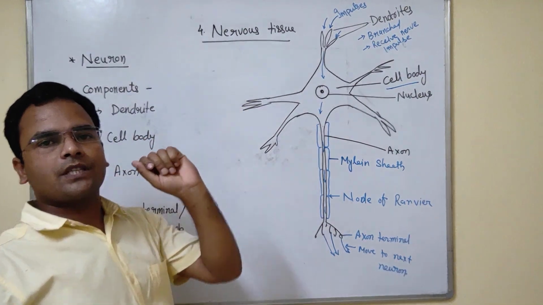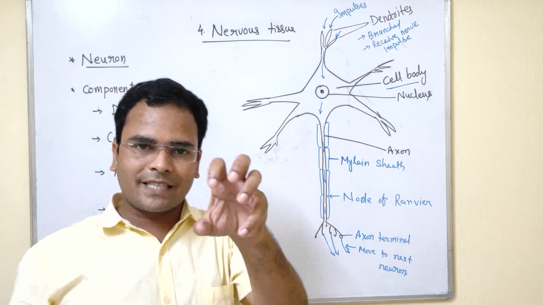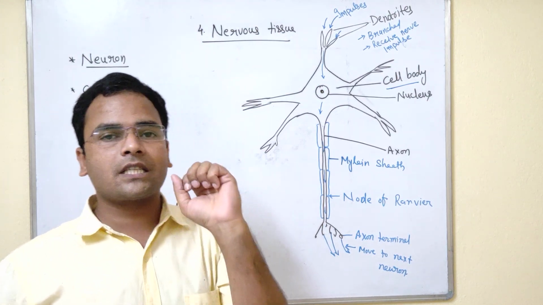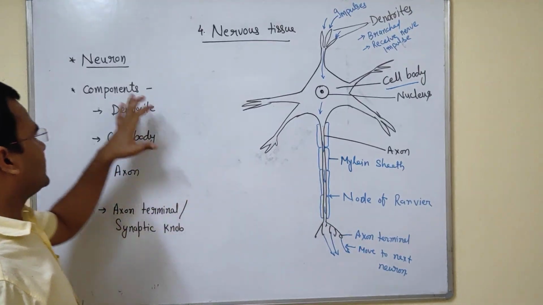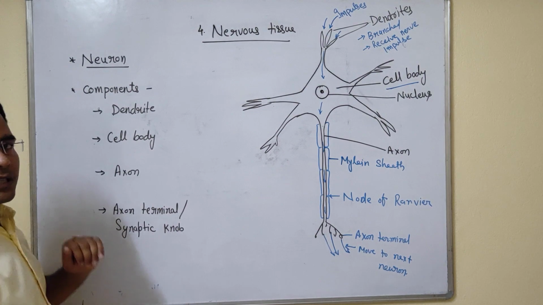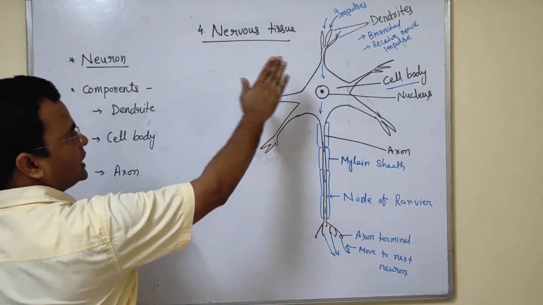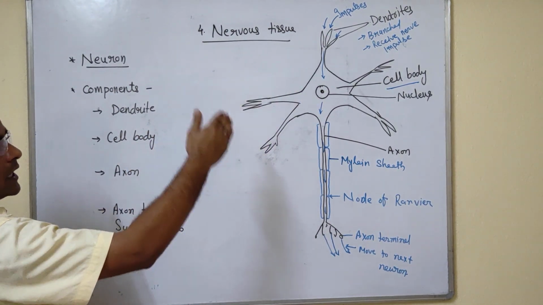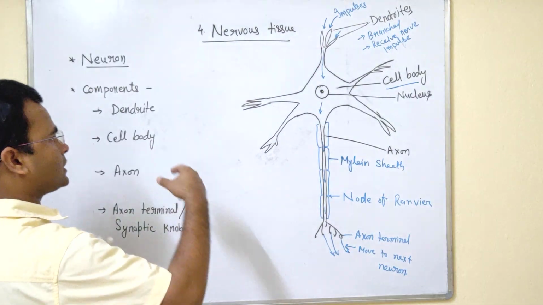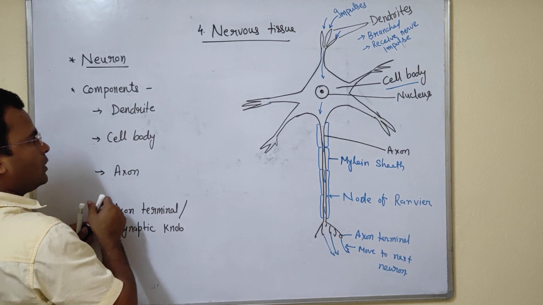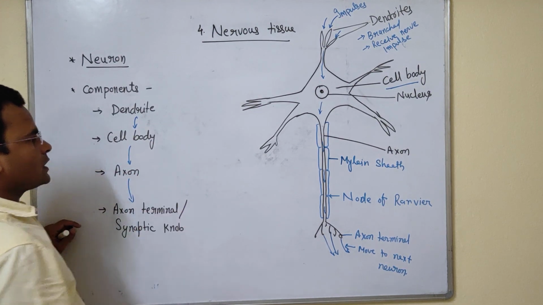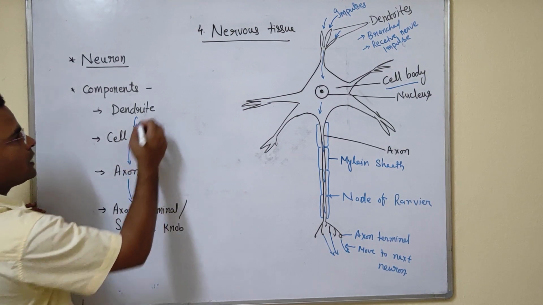Nerve tissues are basically responsible for receiving as well as transmitting the signals, nerve impulses. They have four components: dendrites, cell body, axon and axon terminal. Dendrites will receive the signal, the cell body will transfer the signal, conduct the signal from dendrite to cell body to axon, axon to axon terminal, the nerve signals are going on.